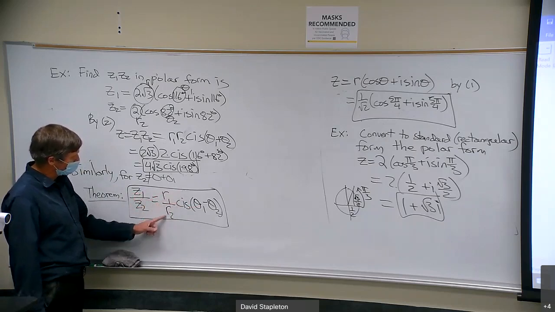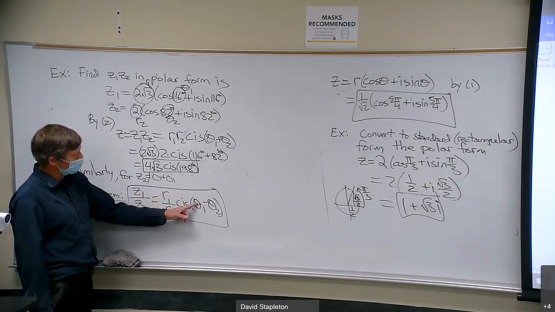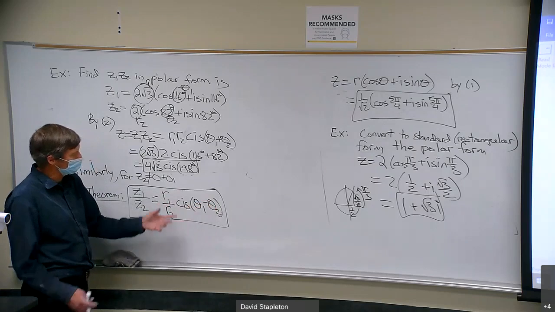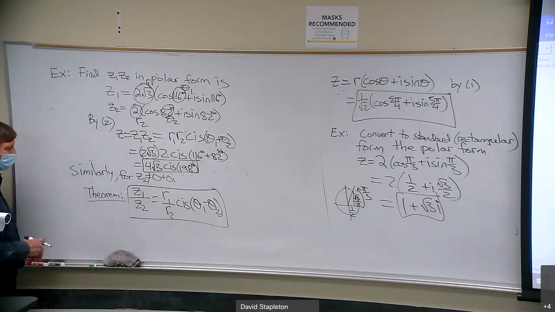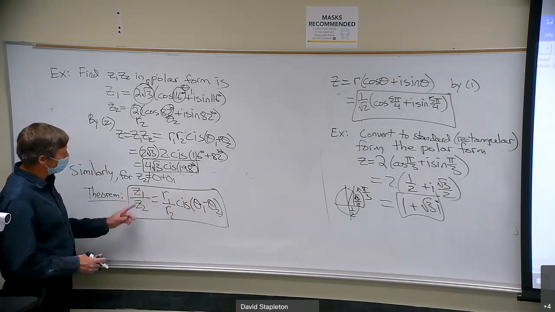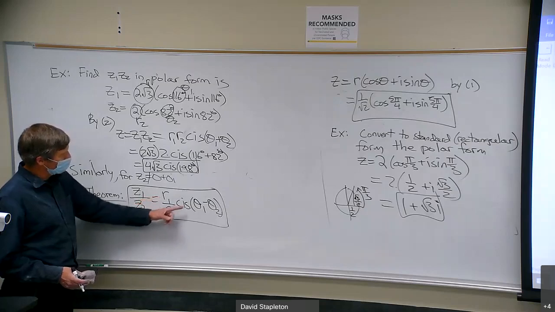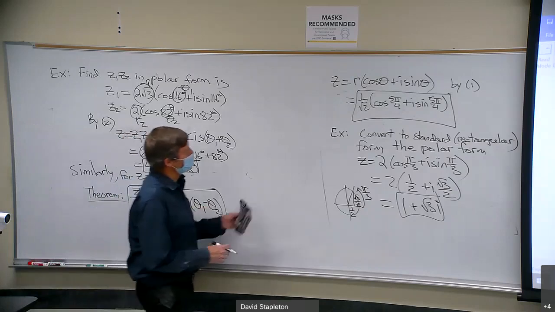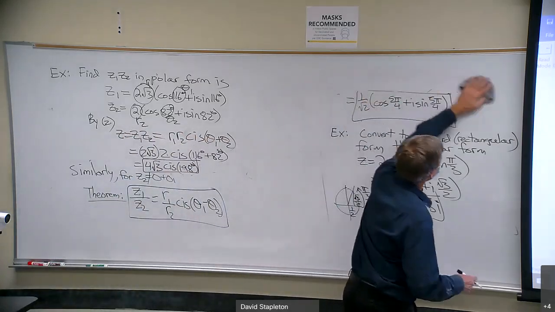The R2 cancels the R2 down here, and then I add theta 2 to the angle, leaving cis theta 1. I get R1 cis theta 1. Sure enough, that's one way to prove it: just multiply this by Z2, and you get Z1 back. When you divide, the r's divide and the angles subtract. You have this nice geometric interpretation of subtraction.